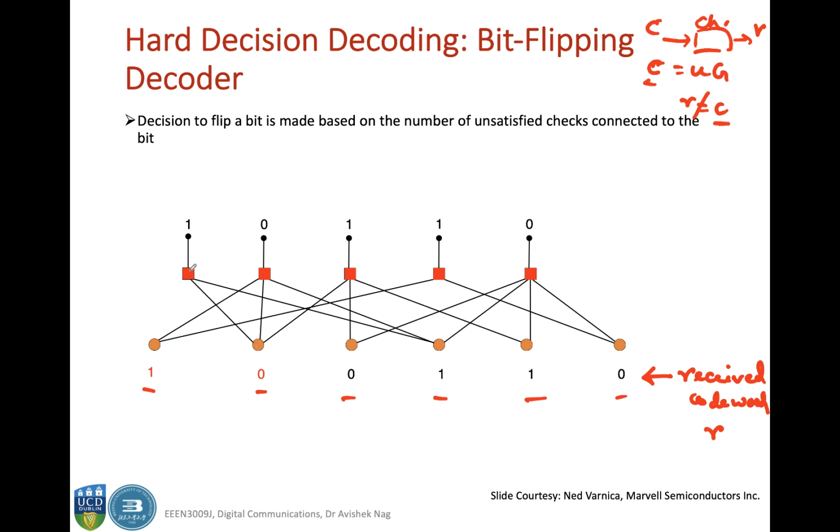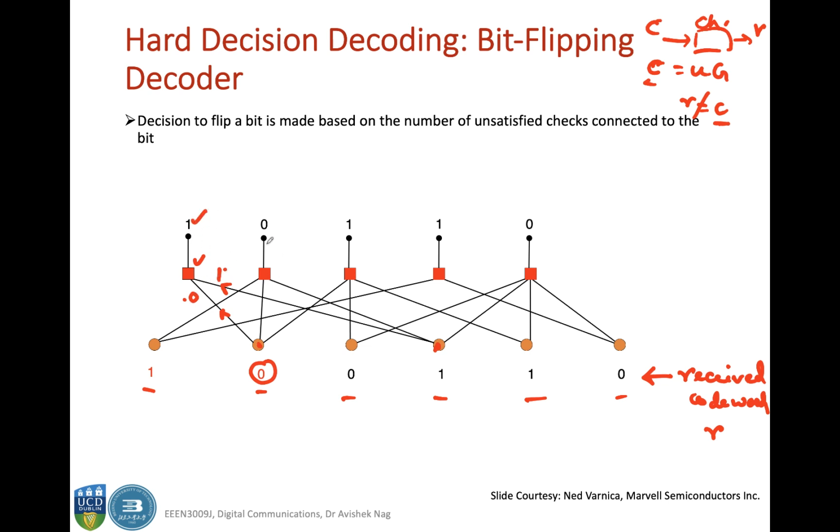Let's say you consider this check node. This check node is receiving an input from this variable node, which is, let's say, 0. So you will have a 0 incident here, and this check node also receives a 1 from this variable node. If you do the modulo 2 addition of these two, you will get a 1 here.